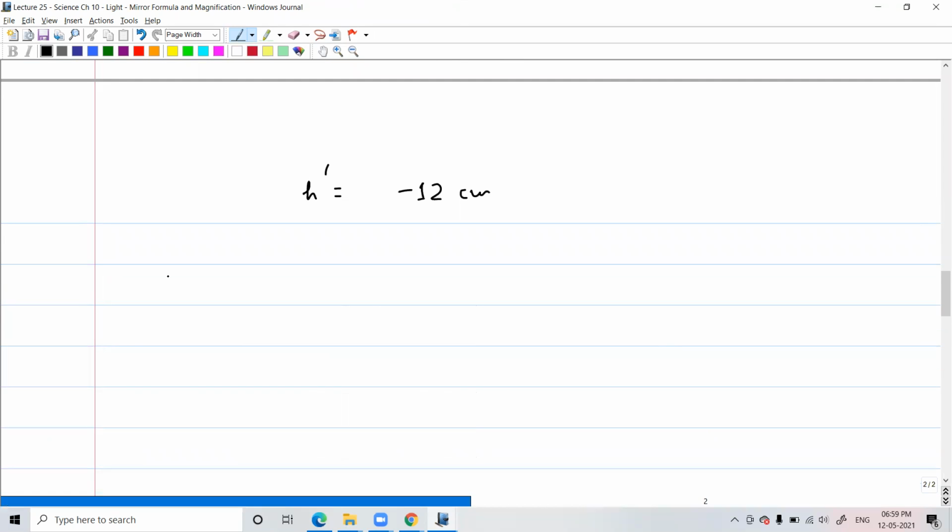So you will finally write the conclusion. Image is 90 centimeter to the left or in front of the mirror, whichever you want, right?